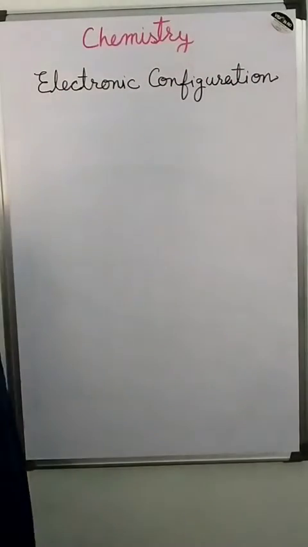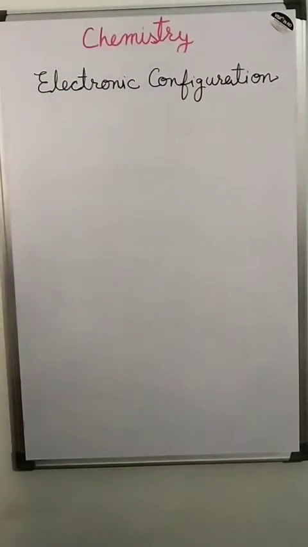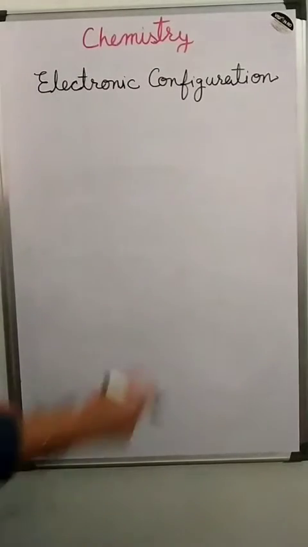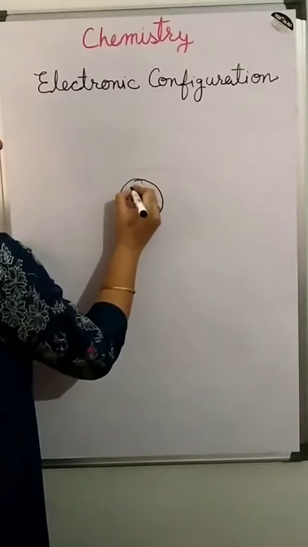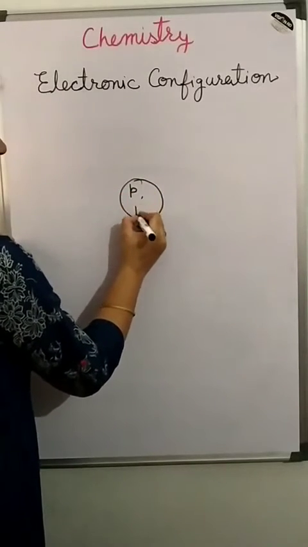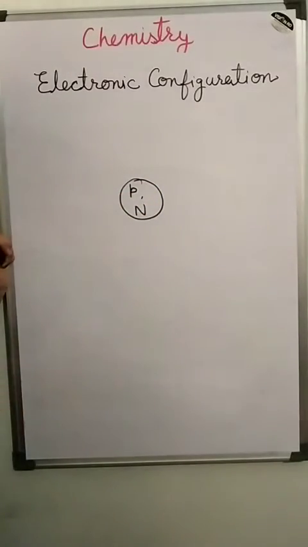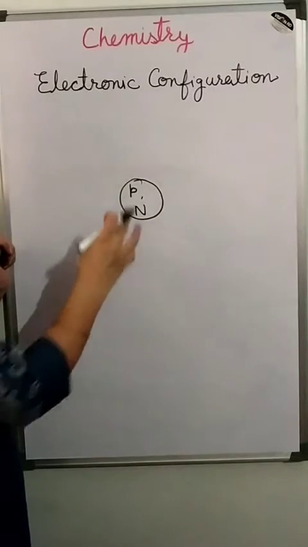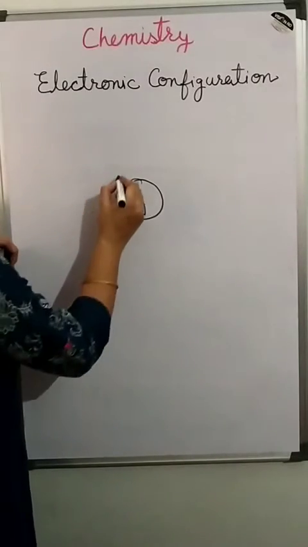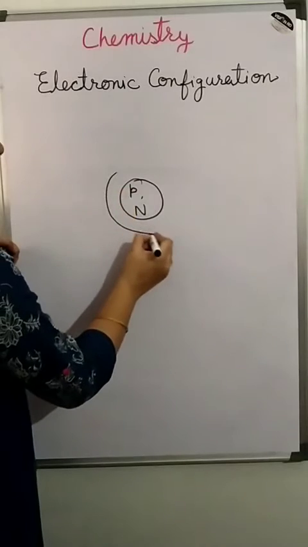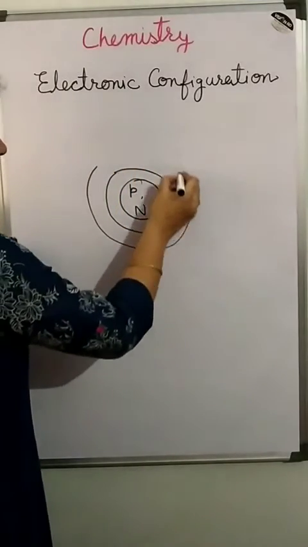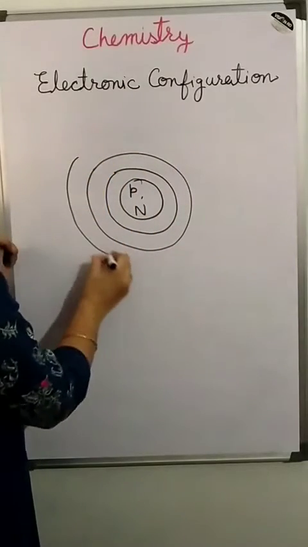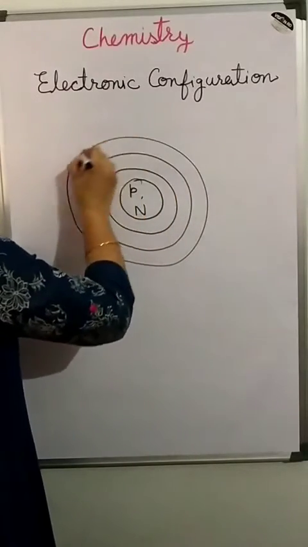Now what is the electronic configuration? According to this configuration, all the protons and neutrons lie in the nucleus. So the whole positive charge lies in the nucleus and all the electrons revolve around the nucleus.